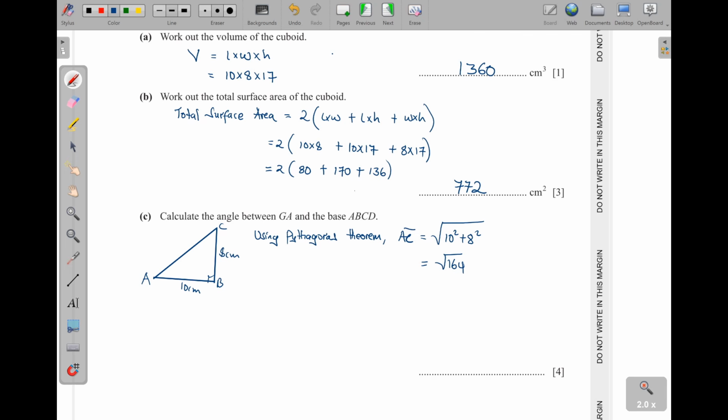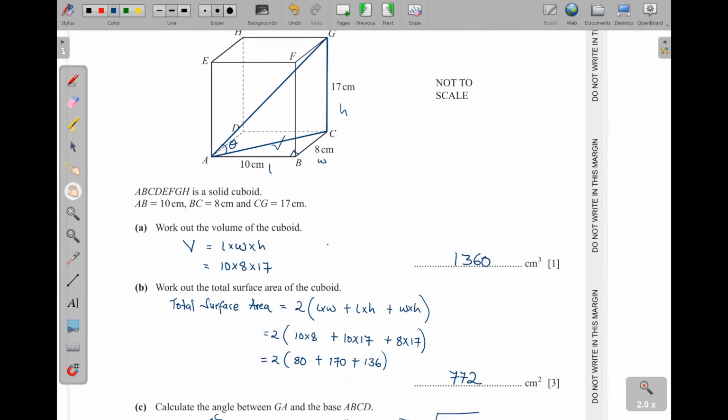Okay, then I'm now going to have a new triangle. Already we have seen that this is A, this is G, and now this is C here. So our AC is root of 164, and then GC up here is 17.